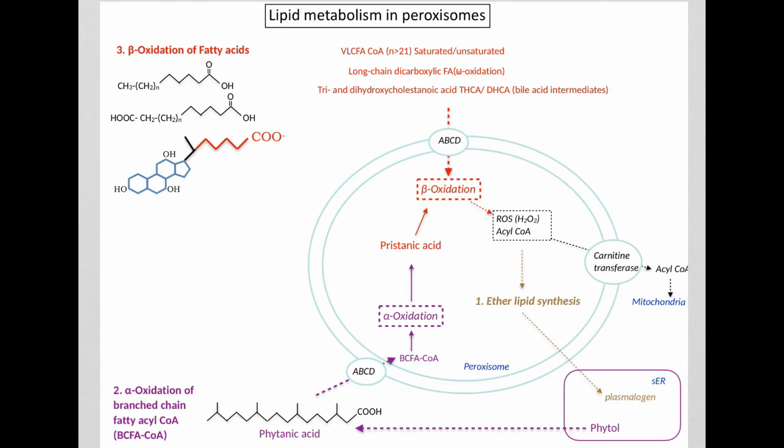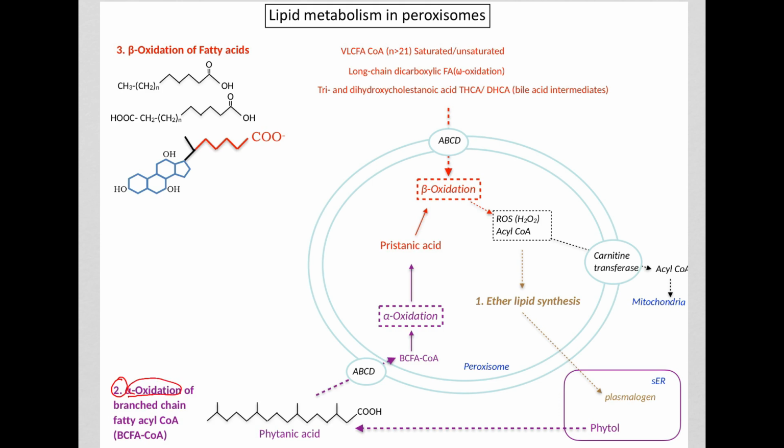In a previous video, we talked about how peroxisomes are involved in the synthesis of ether lipids, for example plasmalogens. We discussed how peroxisomes, as well as the smooth endoplasmic reticulum, are involved in the synthesis of plasmalogens. In today's video, we shall look at another type of oxidation called alpha-oxidation.